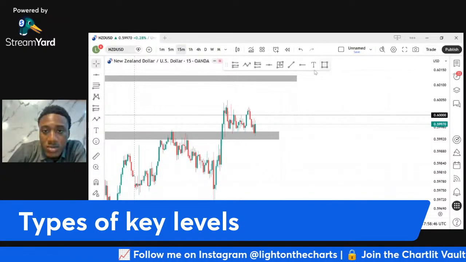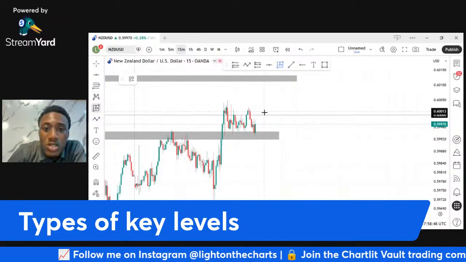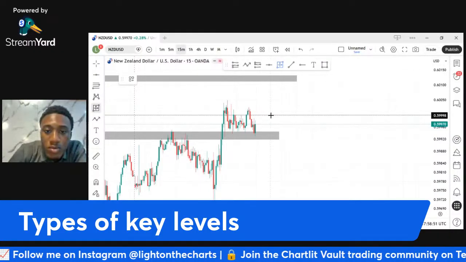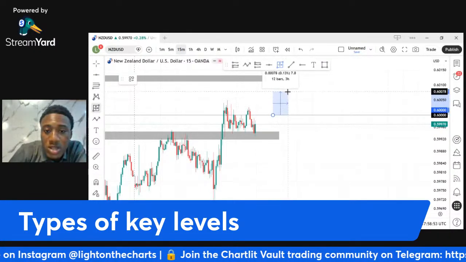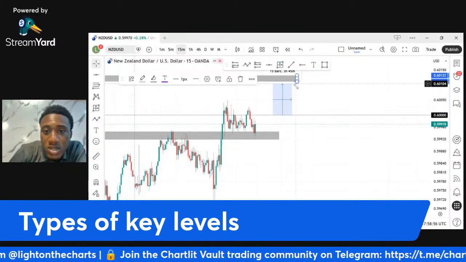If you don't know how to calculate it, you can pick your measuring tool on TradingView and just calculate 50 pips to the upside.